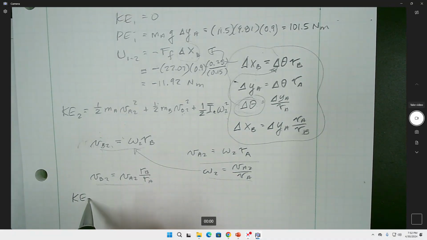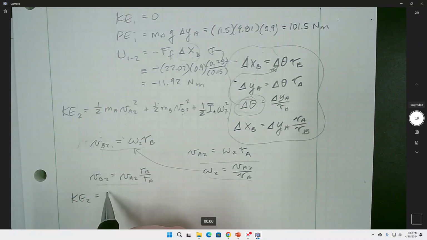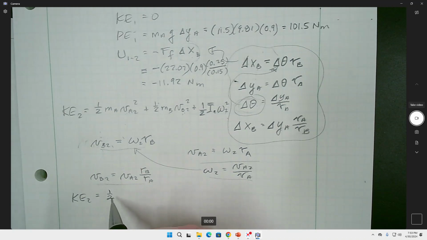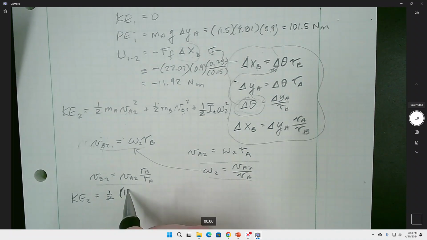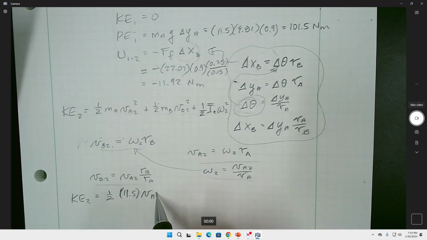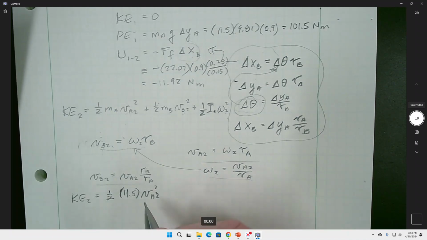So KE2 is equal to 1/2 11.5 VA2 squared. I'm sorry about that, making a mess there.